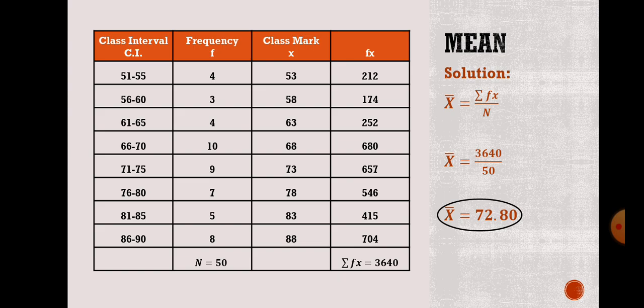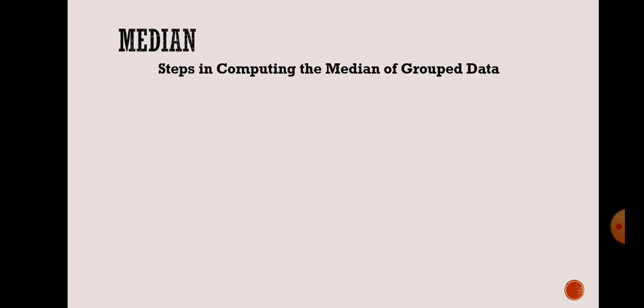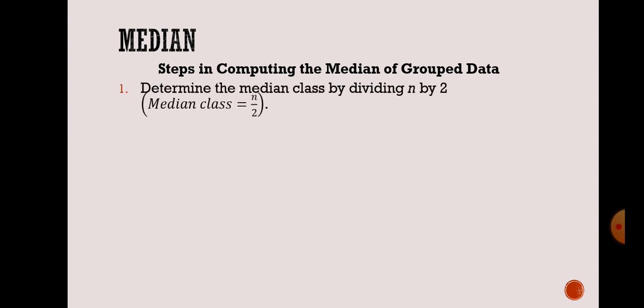Okay, so now let's proceed with the median. The median is also known as the middle value of a certain group of data. So here are the steps in computing the median of group data. Number 1 is to determine the median class by dividing n by 2, or the total number of cases divided by 2.